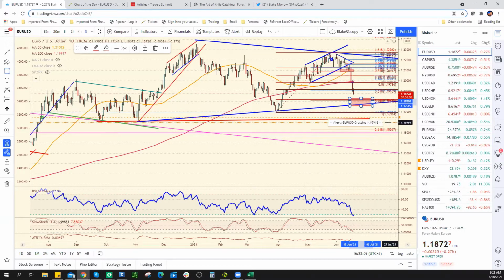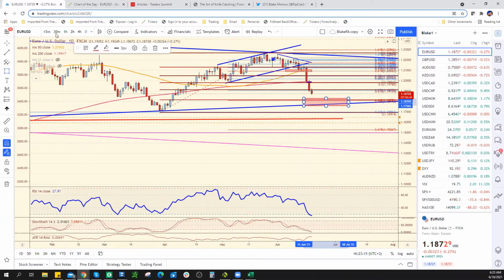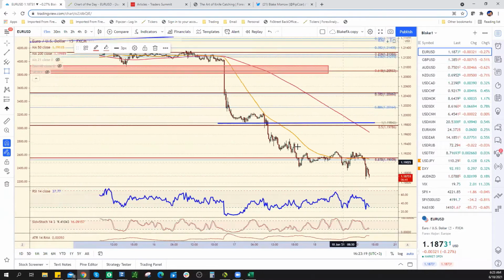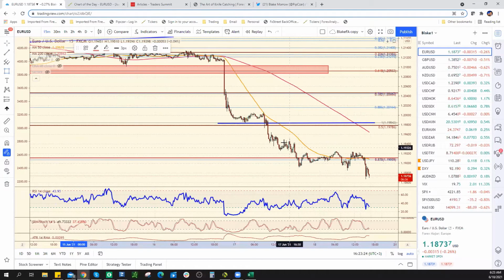So now the next real support of the euro dollar is going to be right here, 118. Yesterday, in our defense, or in defense of this 618 retracement, we did stall here.